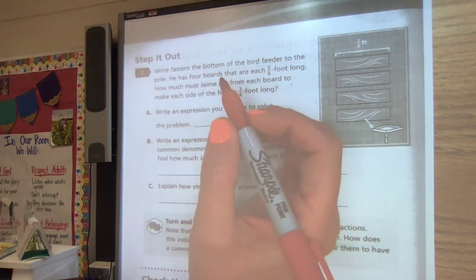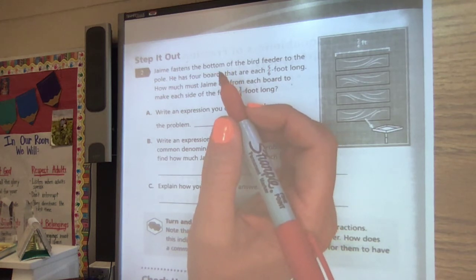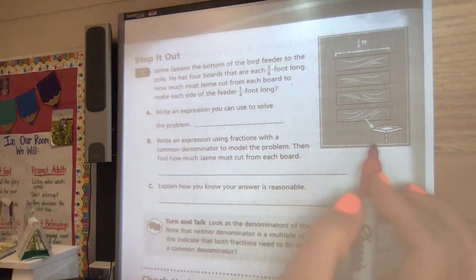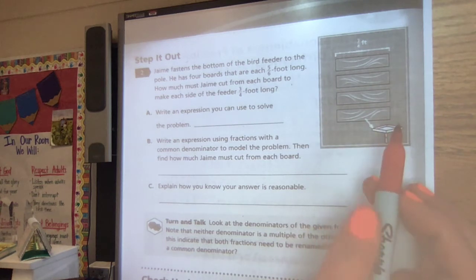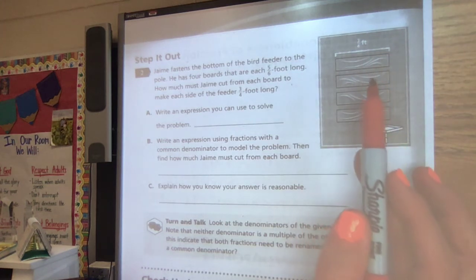He has 4 boards that are each 5/6 foot long. How much must Jamie cut from each board to make each side of the feeder 3/4 long? Okay, so we see that he has fastened the bottom of the bird feeder to the pole. And he has 4 boards that are 5/6 foot long, but he needs them to be 3/4 foot long.